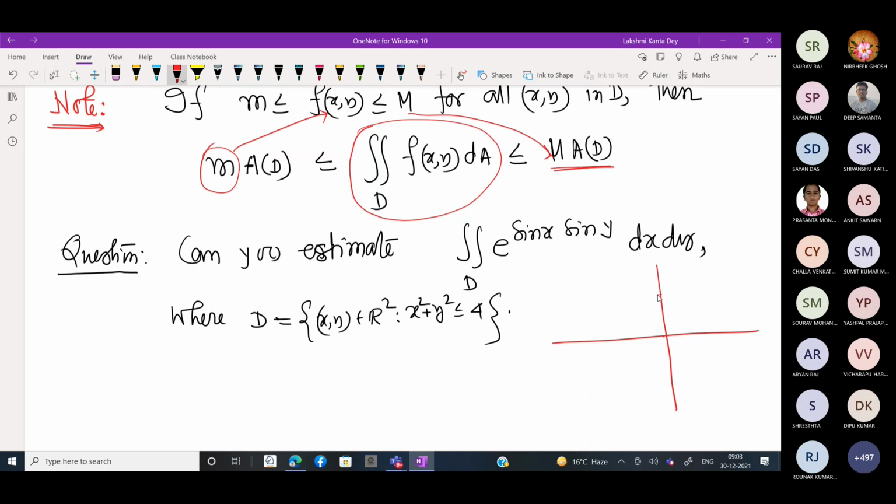Say, for example, this is your 2, that means this part, (2, 0). This is your D.